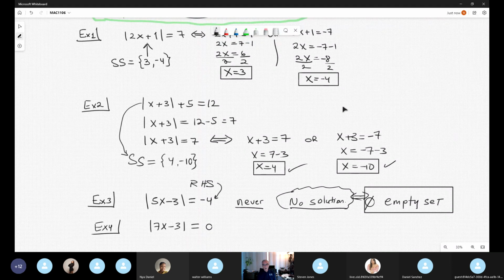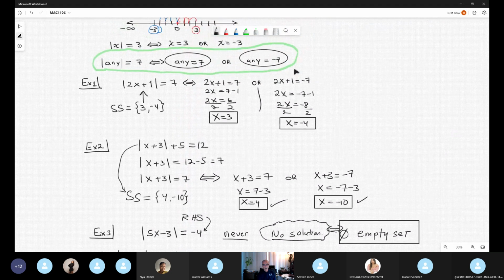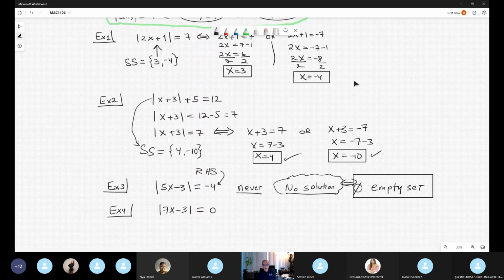Well, okay, so can you apply, professor, this idea that you highlighted in green color? Yes, you can. However, 0 has no sign, so there is no sense in separating into pieces, because one would be positive 0 and the other negative 0, but 0 has no sign. Actually, we have only one solution, which is 7x minus 3 equals 0.